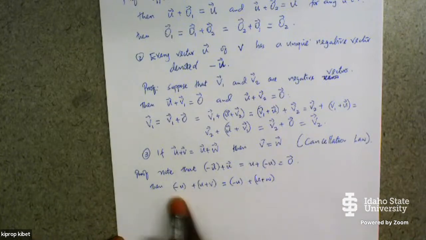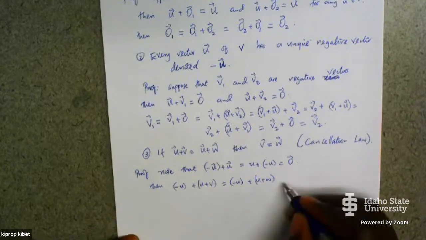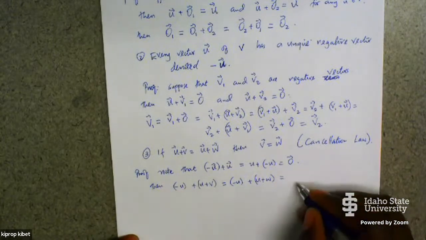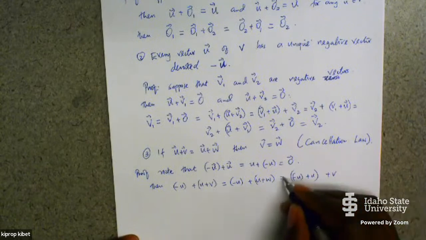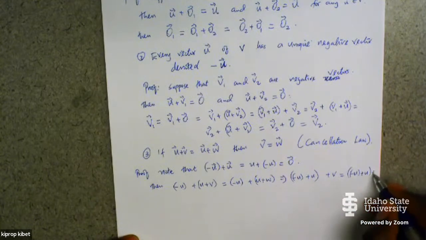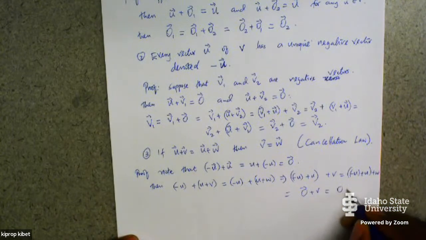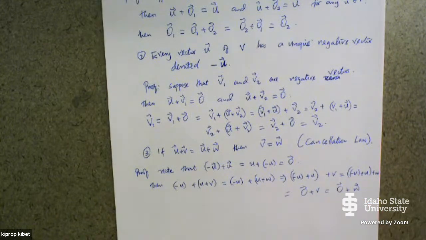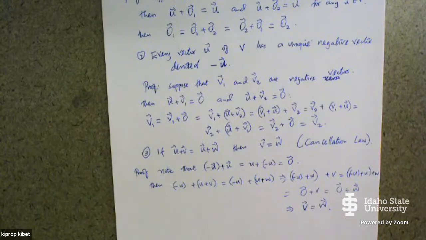If we introduce minus u on both sides at the left, so left cancellation, then minus u plus v equals minus u plus w, and these equal 0 plus v, which equals 0 plus w. So v equals w. That is the left.